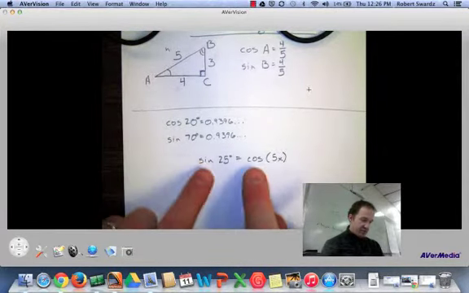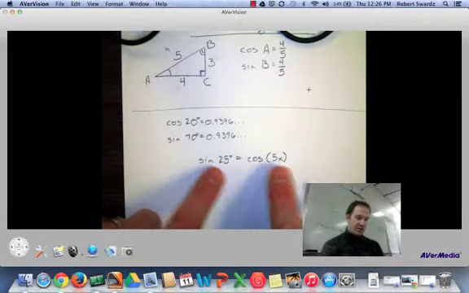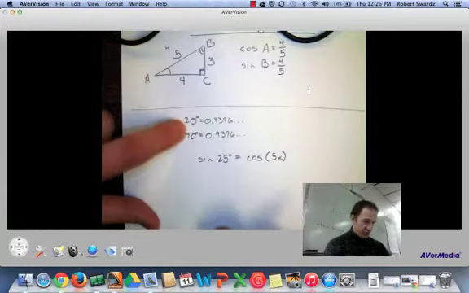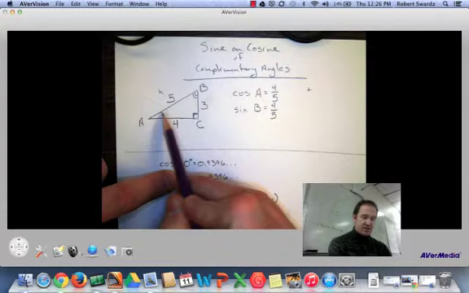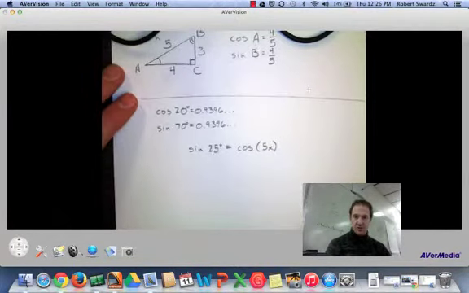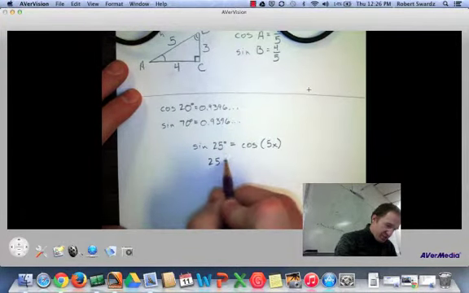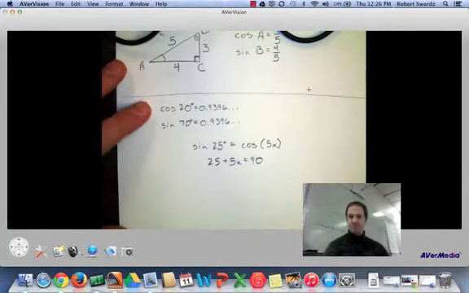Well, in order to take the sine and the cosine of a couple angles to get the same thing, these angles have to add up to 90 degrees. We saw that here. 20 and 70 is 90. A and B had to add up to 90 also. And we got the same thing doing the cosine and the sine of those two angles. So we know that 25 plus 5x has to equal 90.